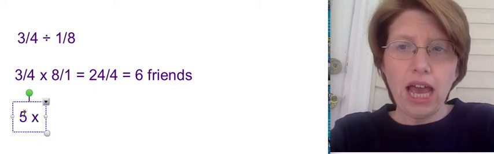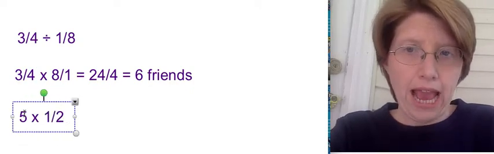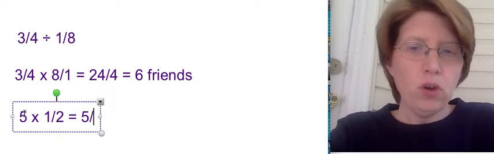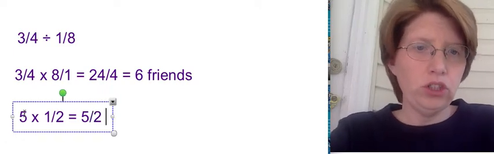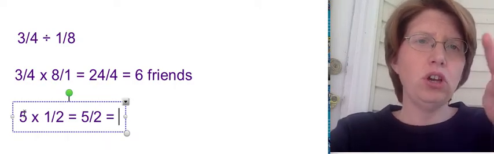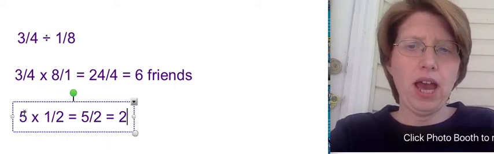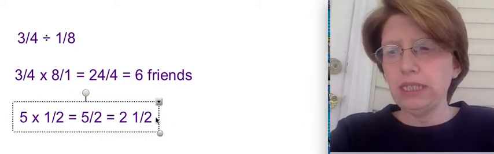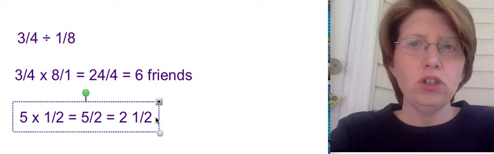So that's 5 times 1/2. So 5 times 1 is 5. We bring over the denominator, which is 2. We want to solve that. 2 goes into 5 2 times with 1 remainder. So 2.5 cups is how much she has left over. 2.5 cups.